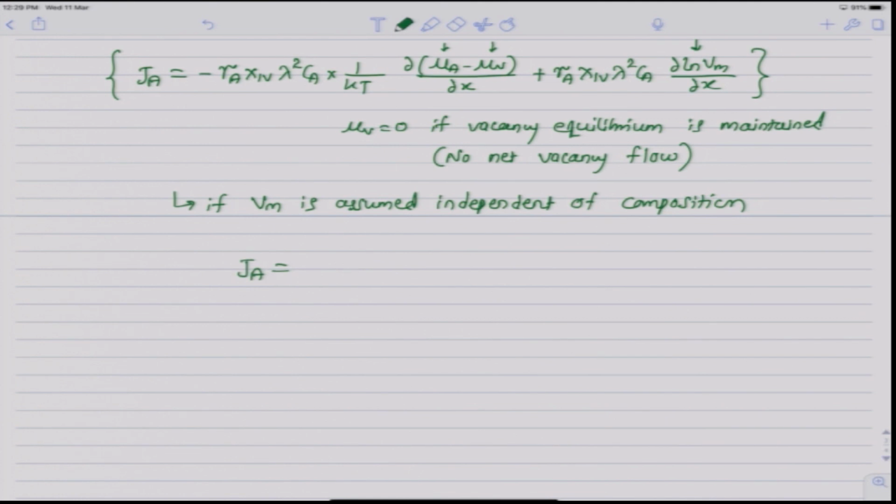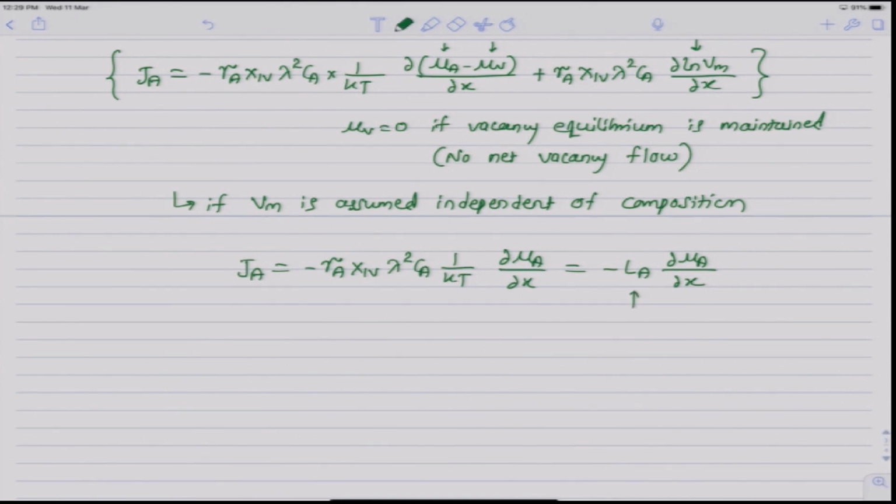So we can write JA equal to minus gamma A X1V lambda square CA times 1 by KT dou mu A by dou x, and we can write this as minus LA dou mu A by dou x. So we have derived the equation for diffusion flux of A in terms of the chemical potential gradient of A, and it is related to the chemical potential gradient of A through this term LA.